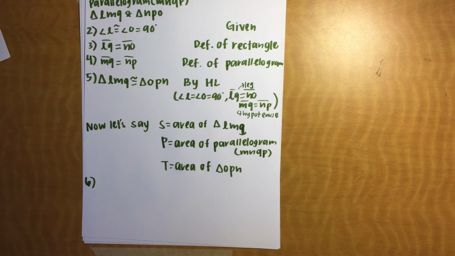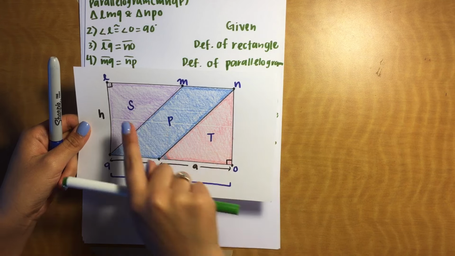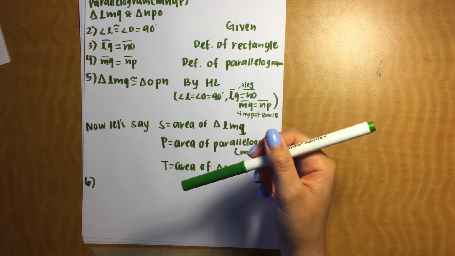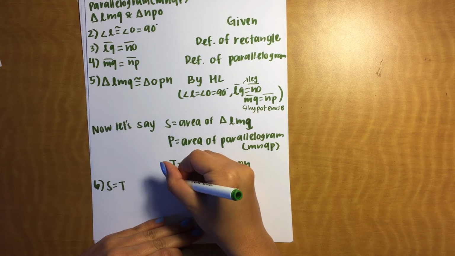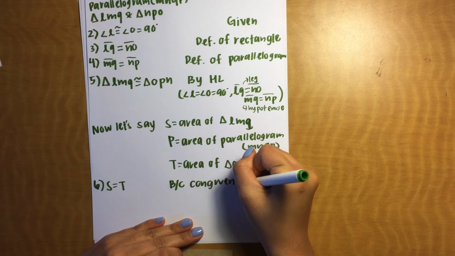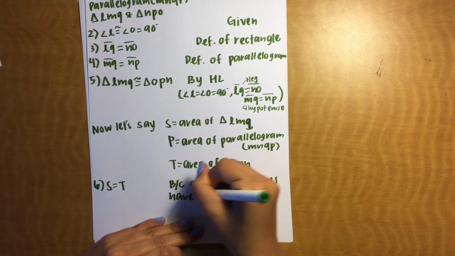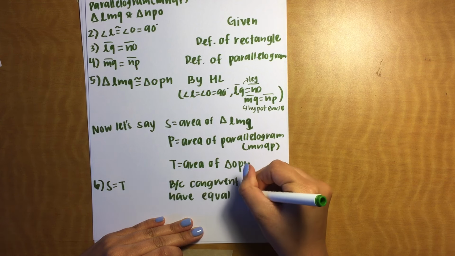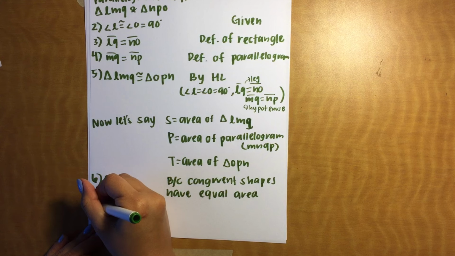Okay, so since we know that these two triangles are congruent, we can also say they have the same area. So S equals T, because congruent shapes have equal area. And we've proved that they're already congruent.